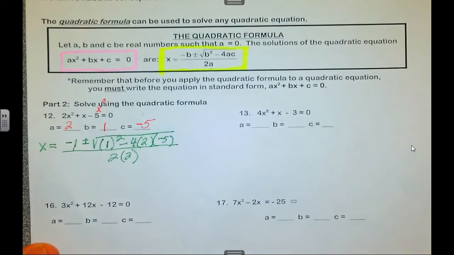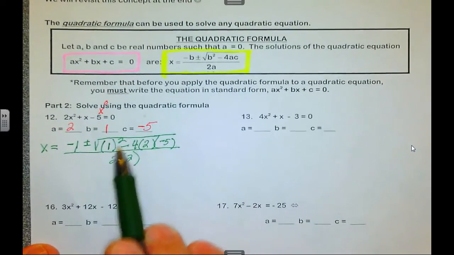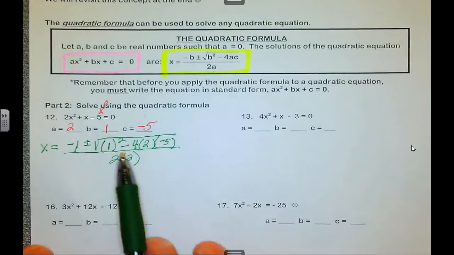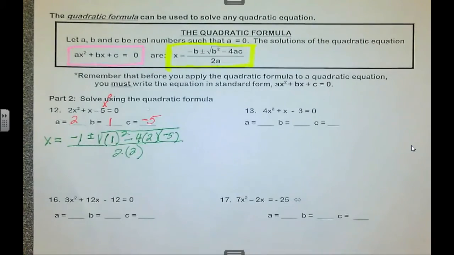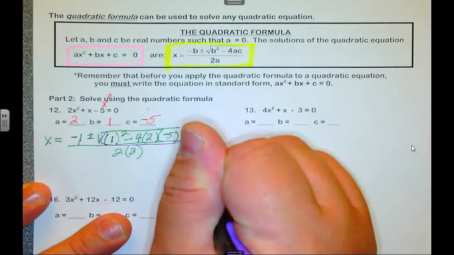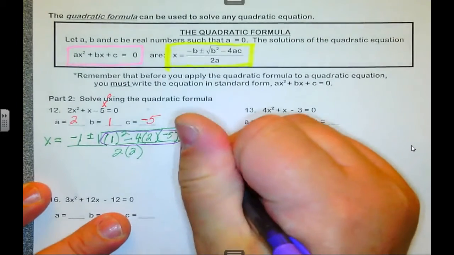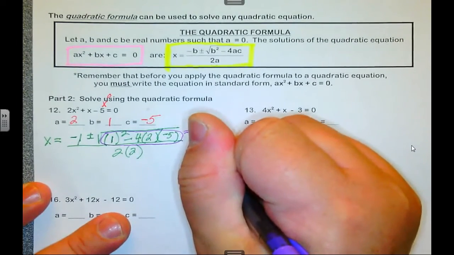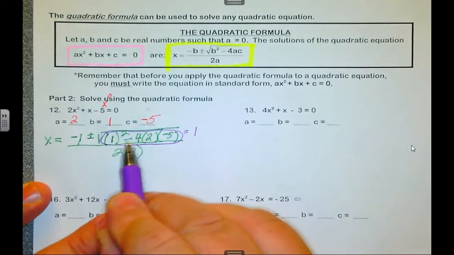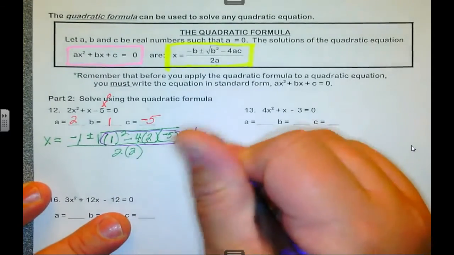Now, you guys should be able to solve this discriminant pretty easily these days. Again, the discriminant is what's underneath the radical. So I have 1 minus 8, negative 40.